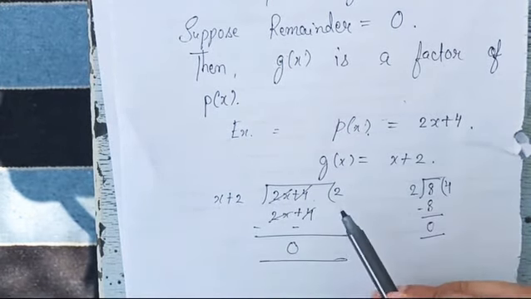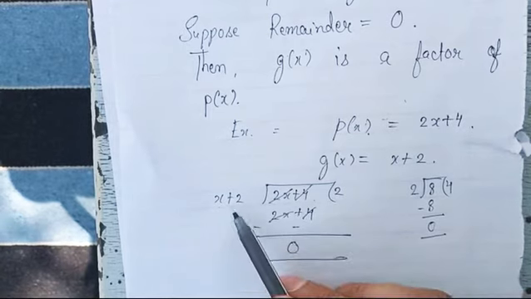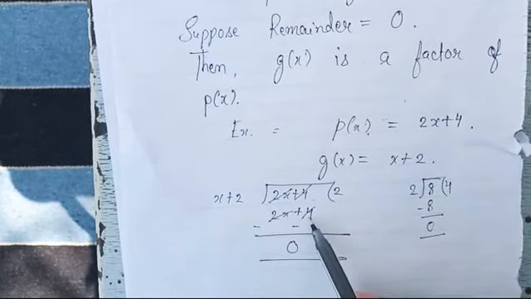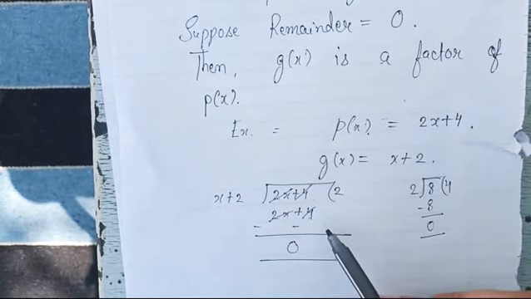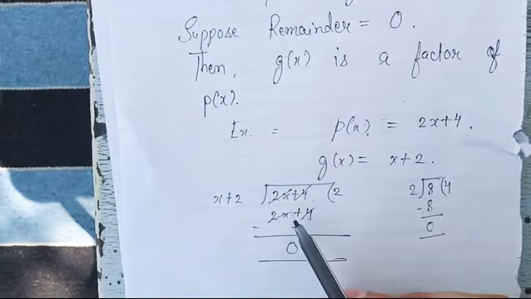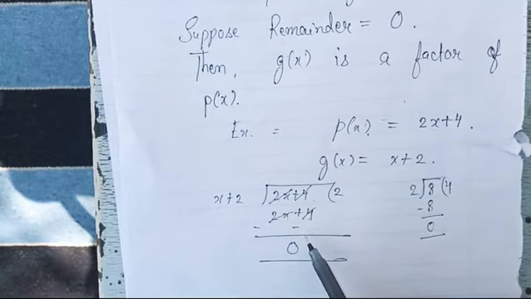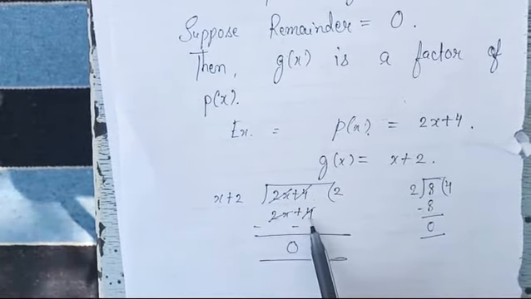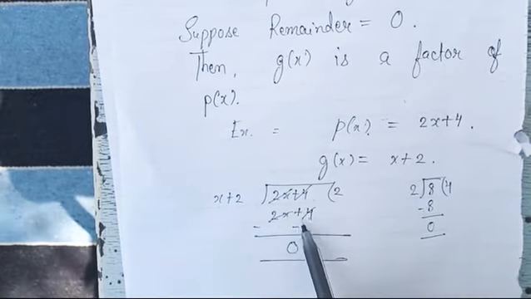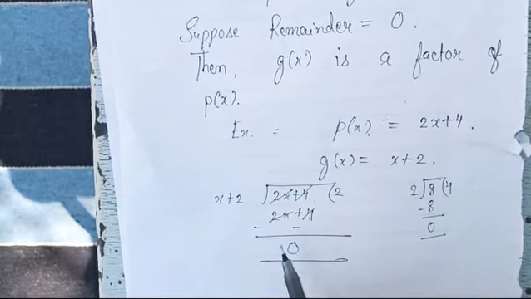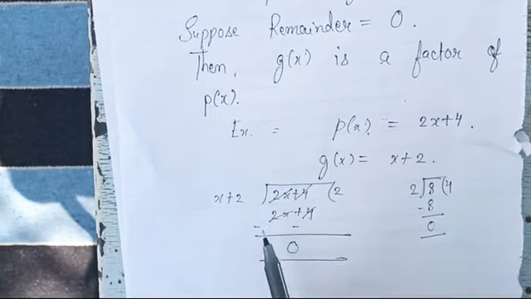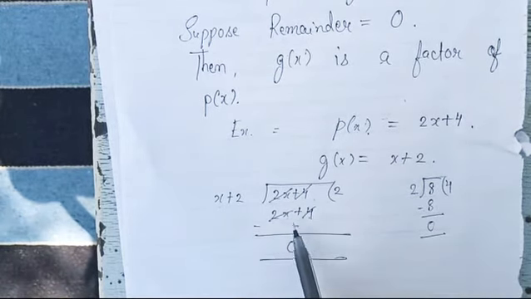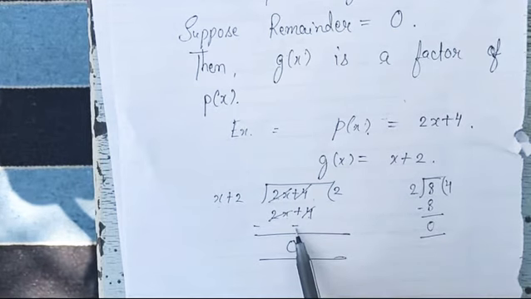Then you will obtain 2 into x, 2x, and 2 into 2, 4. After multiplying, we subtract. So here also we will subtract. When we subtract, the signs of the second expression will change. If it is positive, it will become negative. Here also positive, so it will become negative.